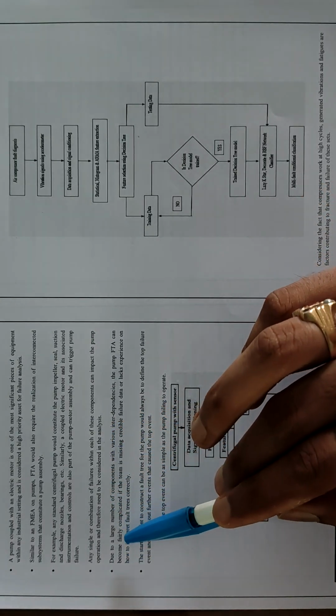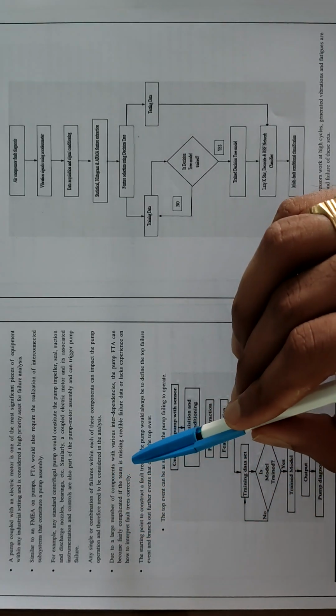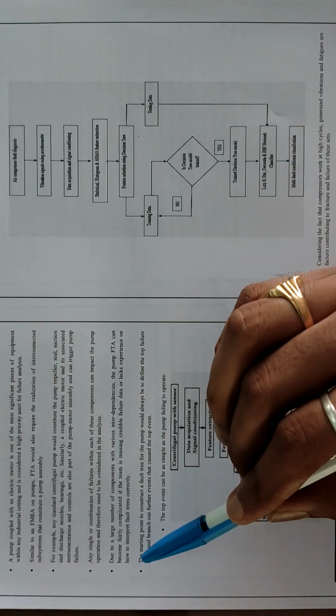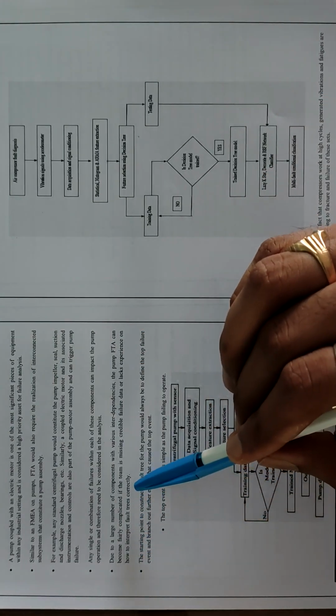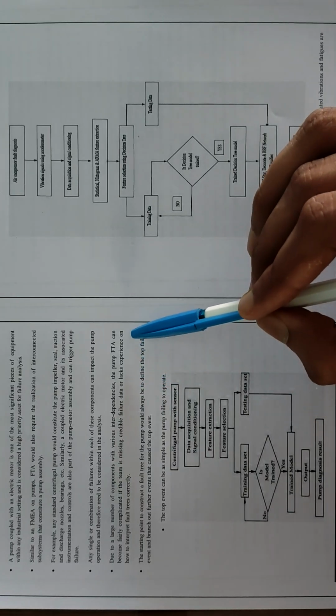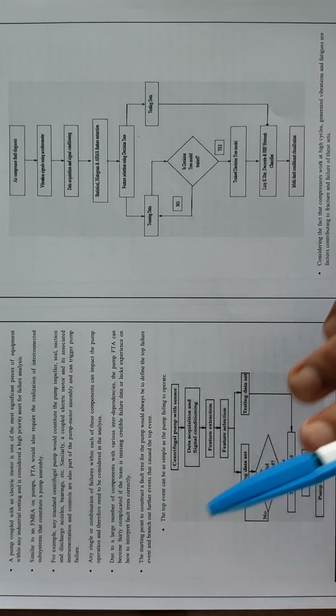Due to a larger number of components with various interdependencies, the pump FTA can become fairly complicated if the team is missing credible failure data or lacks experience on how to interpret fault trees correctly.